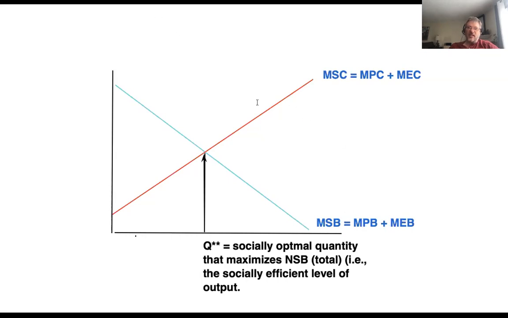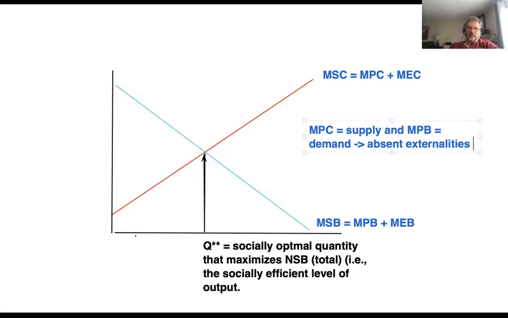So I'll just put this: marginal private cost equals supply, and marginal private benefit equals demand, and that tells us that absent externalities, the market Q star equals Q star star.